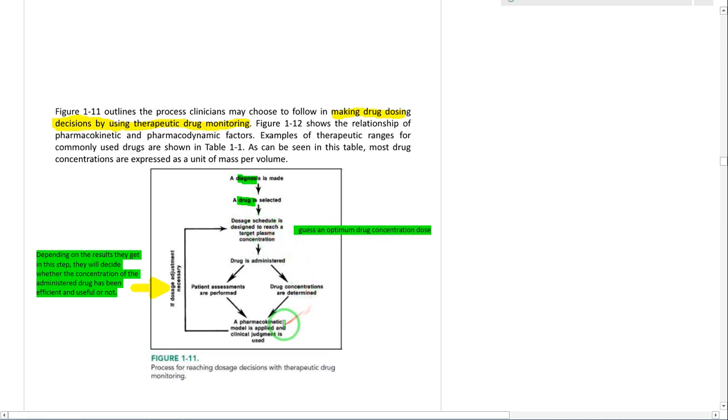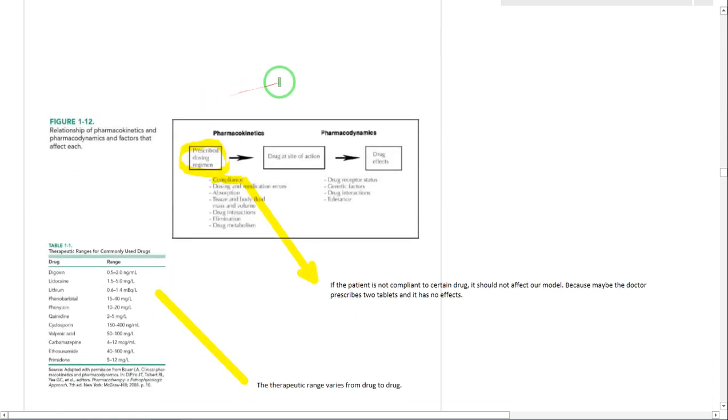And after this drug is applied, by measuring the results, the effectiveness, and comparing with the optimum drug concentration that we have guessed at the beginning, we can realize whether that amount of drug has been useful, effective or not, and then we can finally draw the pharmacokinetics and pharmacodynamics diagrams.